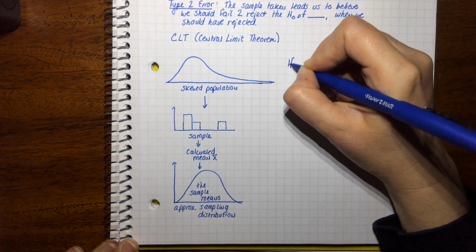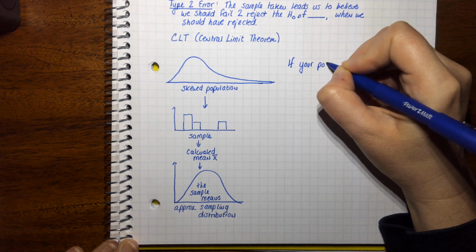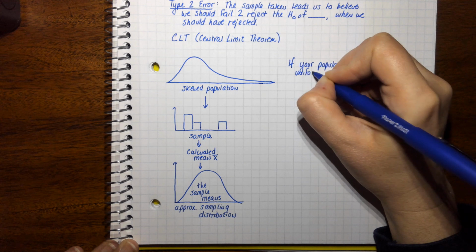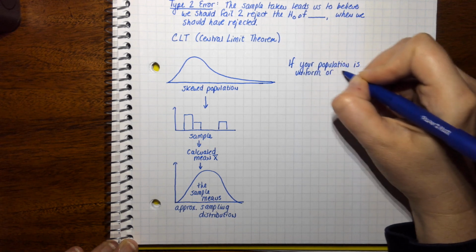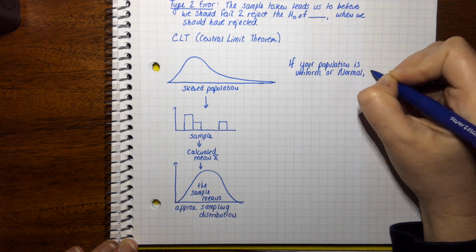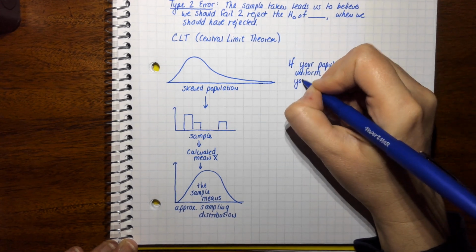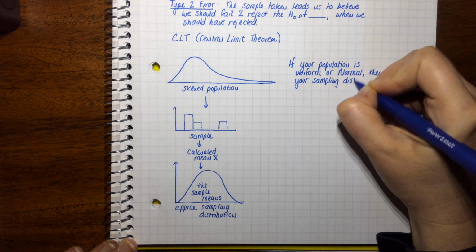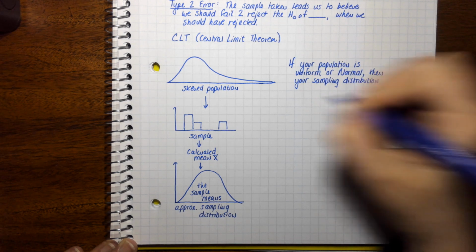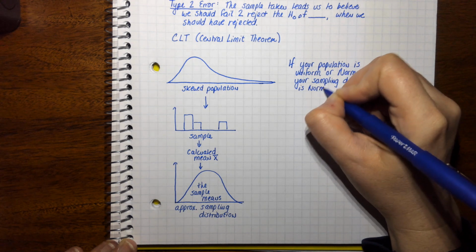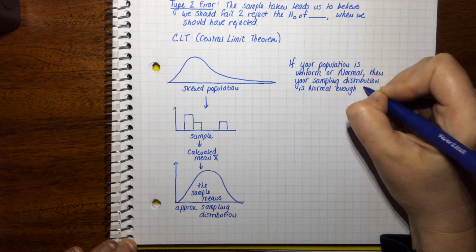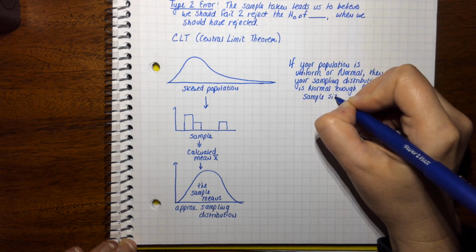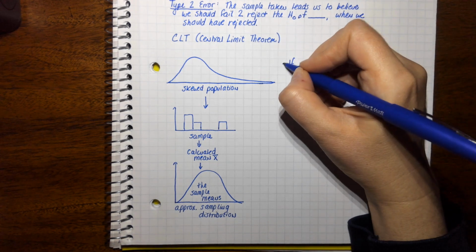First, if your population is uniform or normal, then your sampling distribution is normal enough for any sample size. Okay, so that's the first thing.